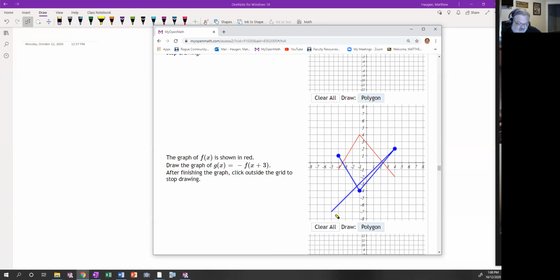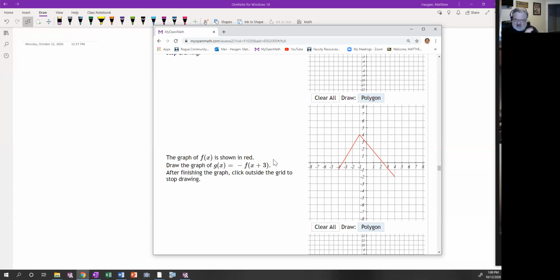We also have this +3. Now, as I said, that +3 is happening inside the function, which means it's happening to our x values. That means it's going to be moving things left and right. The thing that seems weird is that when things happen inside the function, they always seem to happen backwards. Is that something you guys have noticed?